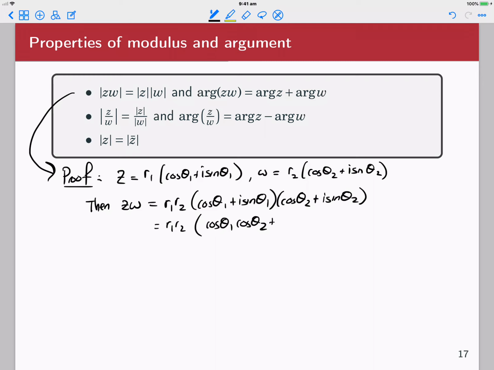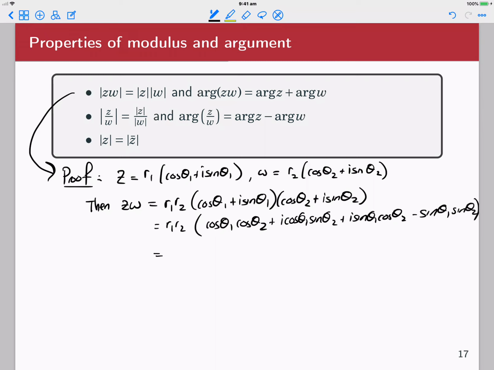You're going to get i cos theta 1 sine theta 2 plus i sine theta 1 cos theta 2. And the final term that you're going to get is i squared sine theta 1 sine theta 2. But remember, i squared is negative 1. So that really just becomes minus sine theta 1 sine theta 2.